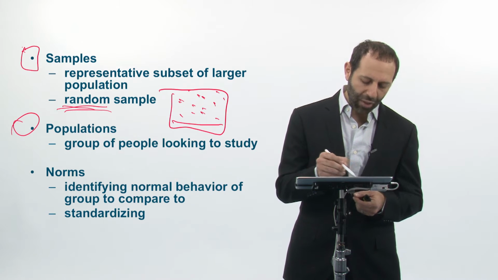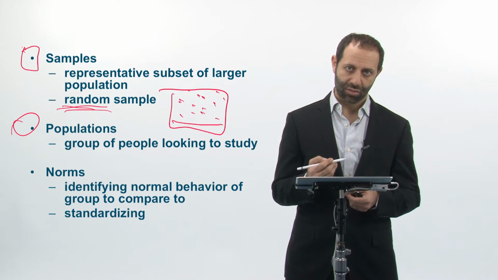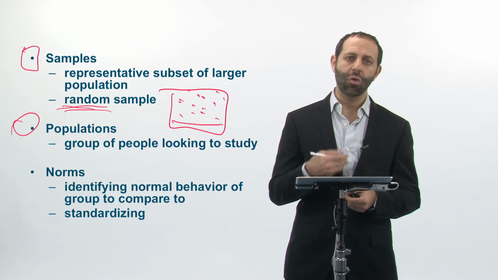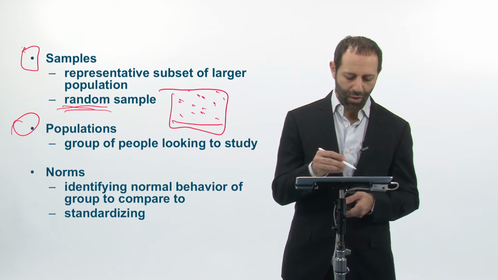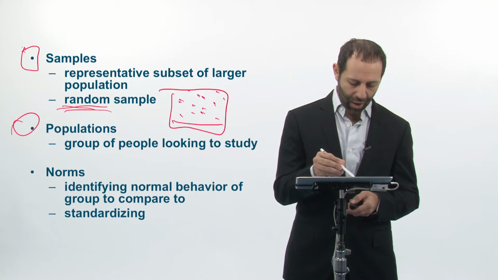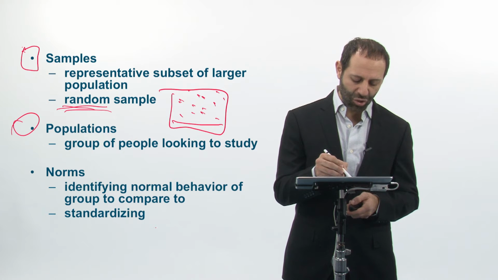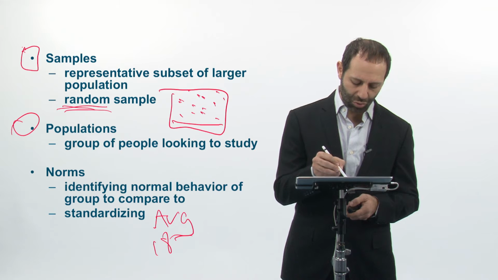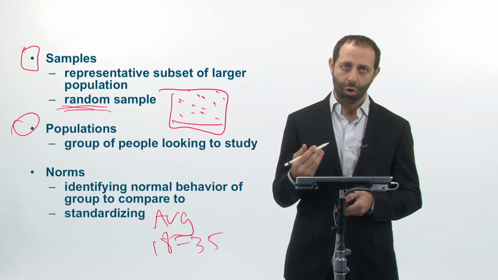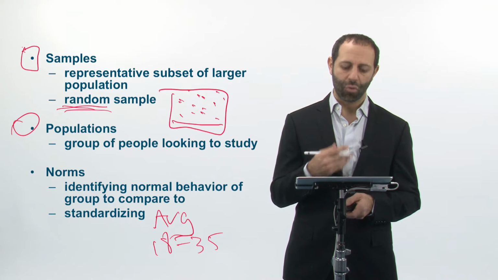So if I, let's say, want to understand intelligence, again, I want to get a norm from the broader sampling of the population. Okay? I'm going to want to see what is the average intelligence level of people ages 18 to 35. And once I establish my norm, it helps me make comparisons for the larger group.